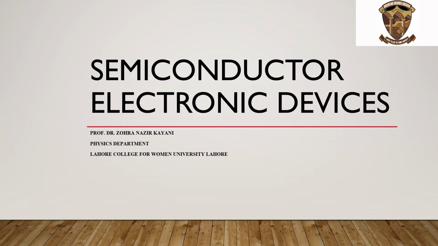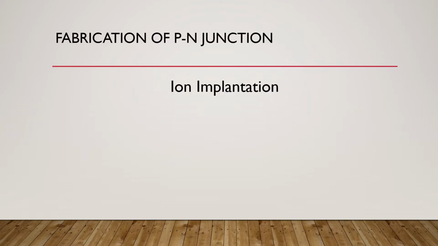I am teaching you the MS Physics course Semiconductor Electronic Devices, and you know that we are doing p-n junction fabrication. In our previous lectures, we have studied different methods to fabricate the p-n junction.